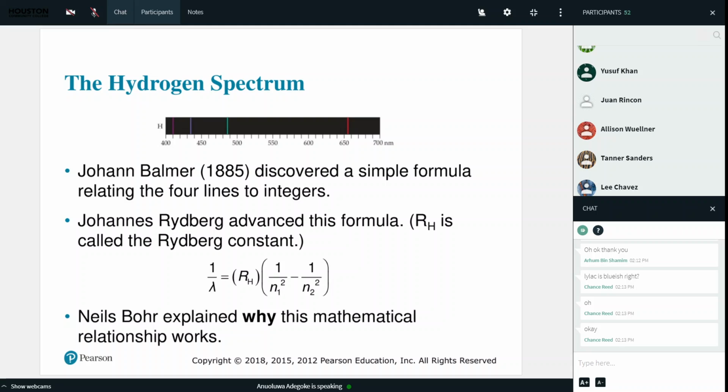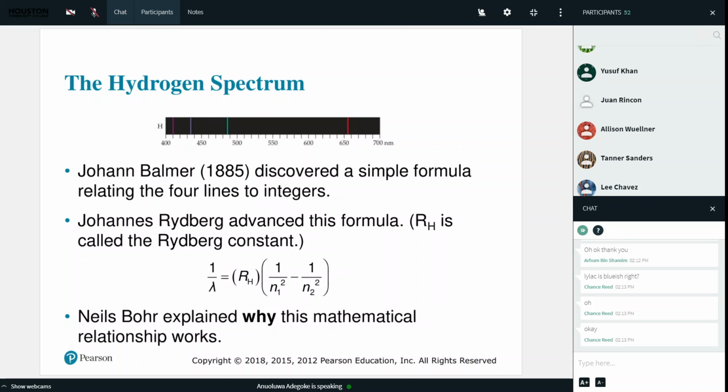All right, so we want to look at the hydrogen spectrum. All these lines with the colors you see represent the wavelength that corresponds to them. When the electrons in hydrogen absorb light energy, they emit energy back, and when they emit, you see colors corresponding to a particular wavelength.